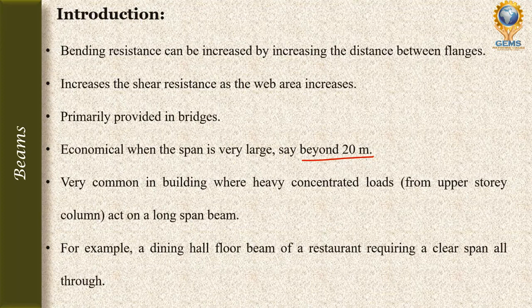Other examples are the floor beam of a dining hall of a restaurant, or an auditorium, which requires a clear span all through it. In between, we won't use any beam. So at that time we will go for the plate girders.